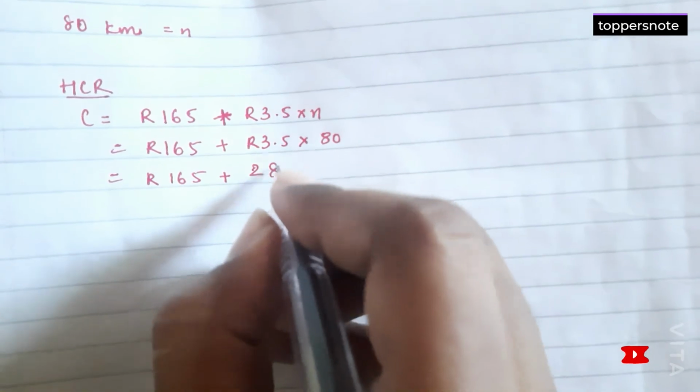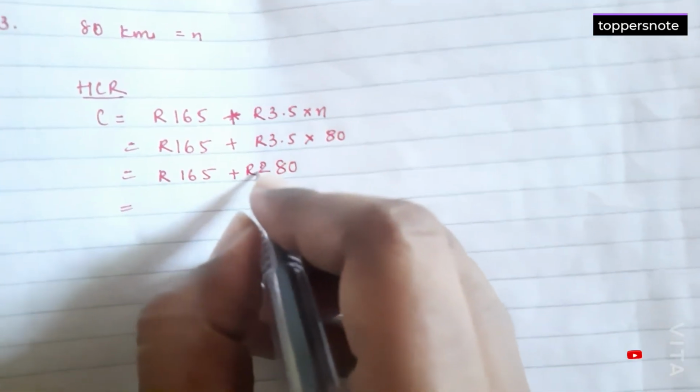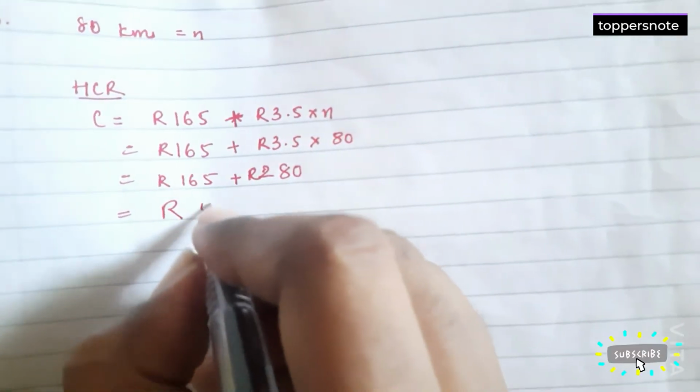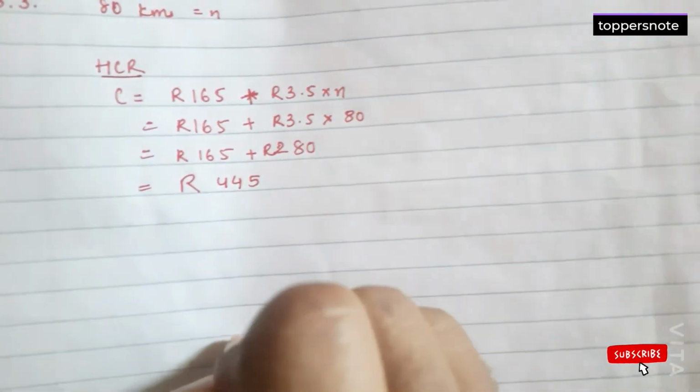It will be 280 plus 165, so this answer will be 445.